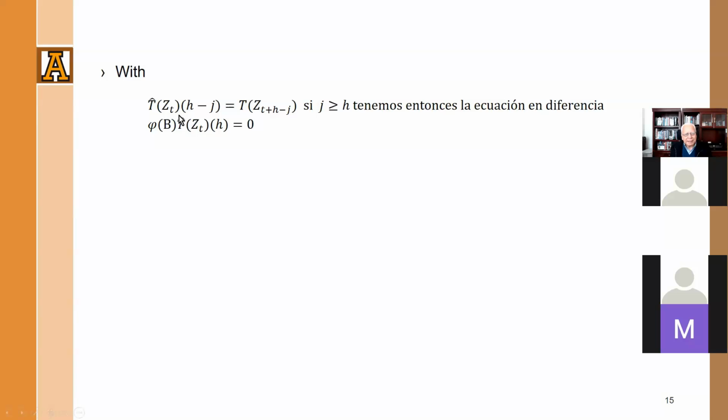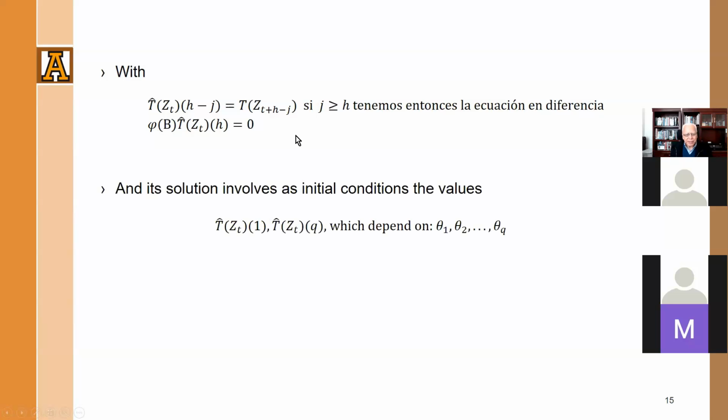So this is then given by the difference equation, phi of B, the backshift polynomial given by this expression, equal to 0. The solution of this equation involves the initial conditions, and the initial conditions are the only ones that involve the q parameters from the moving average side of the equation.